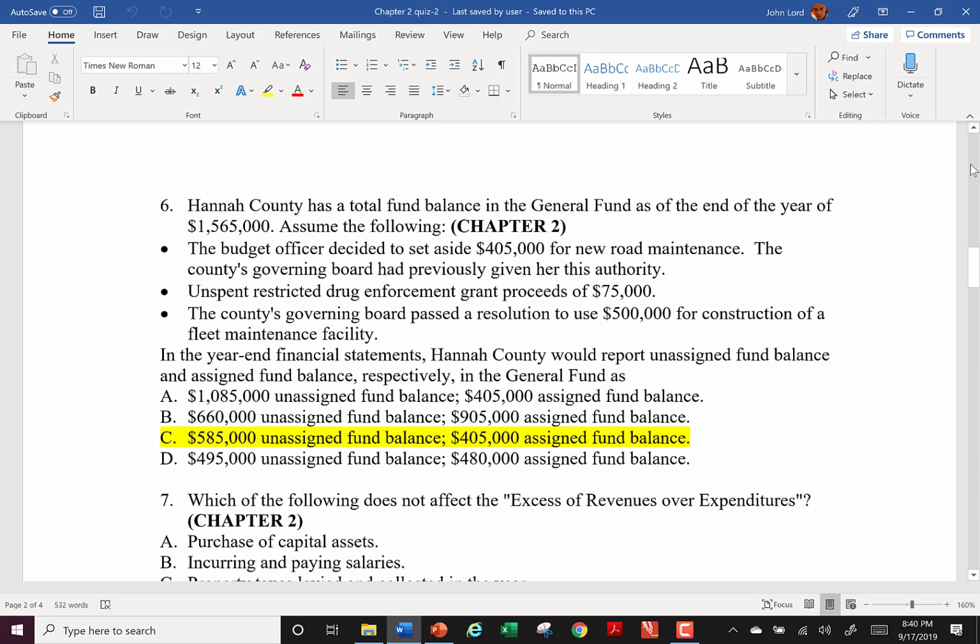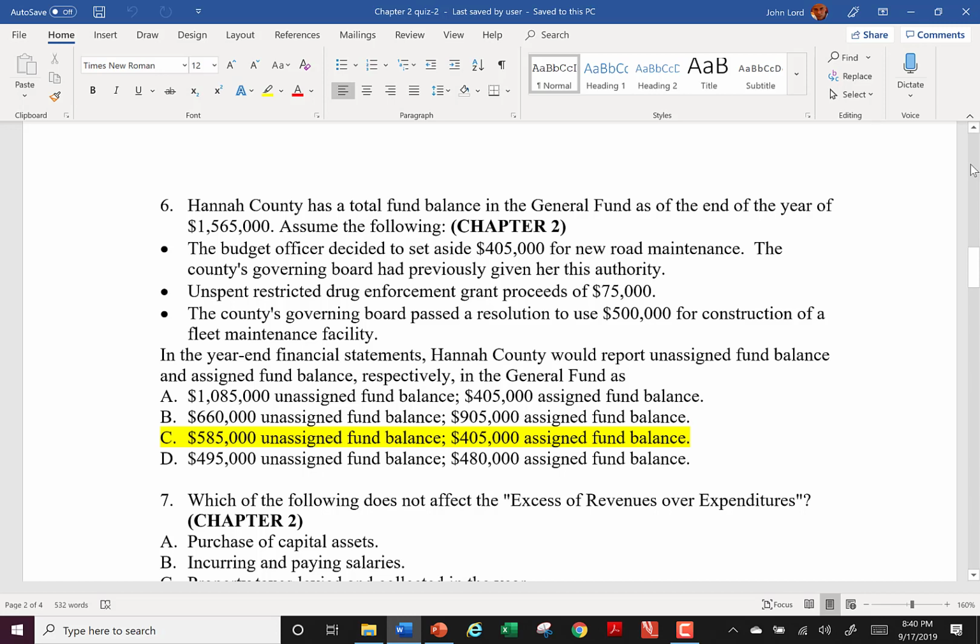Okay, good. Now when I look at the choices, they give me what? Unassigned, unassigned, unassigned? So if you're doing this problem on your test, your first thing would be to take the amounts that you have already decided belong to one of the other categories and subtract it off. And does that give you this 585?